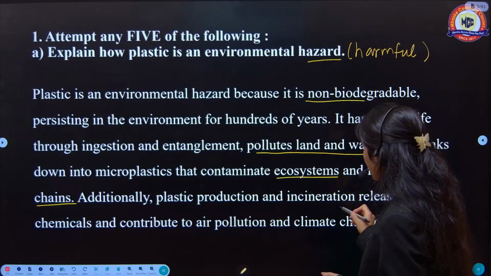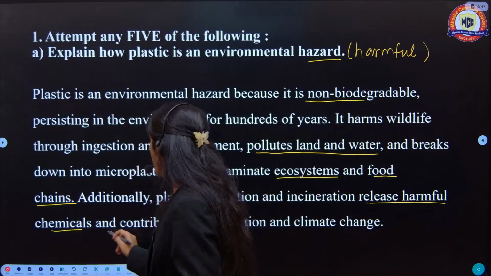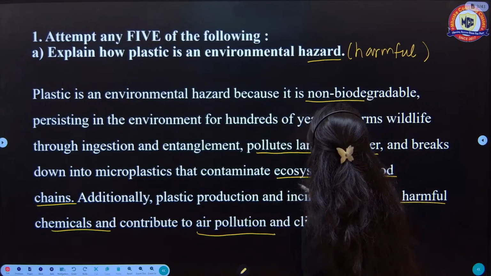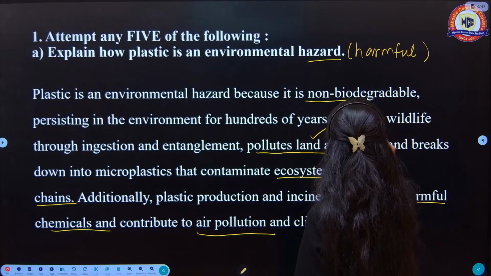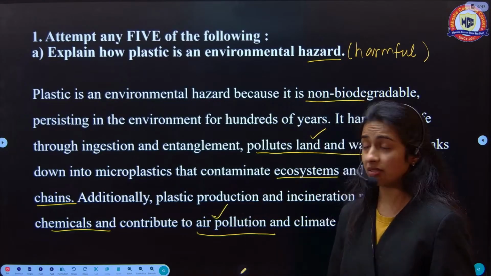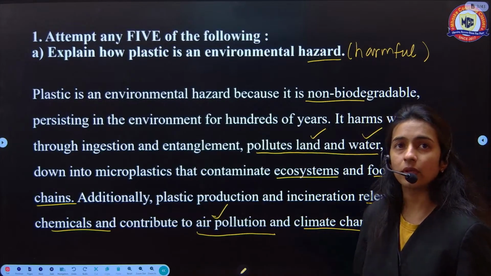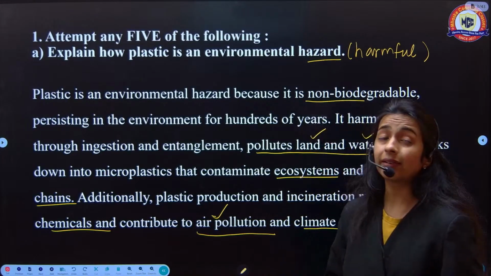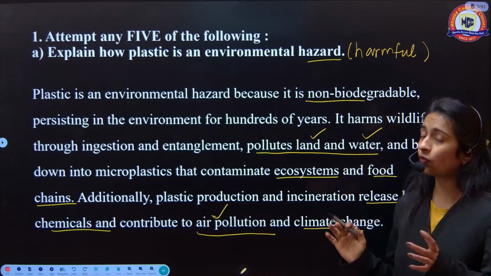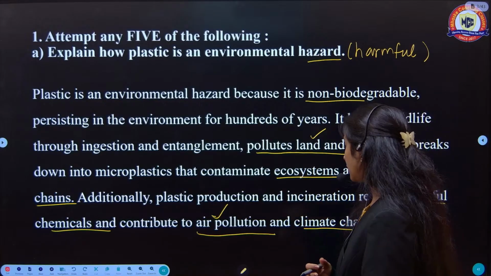Similarly, when we are making plastic, it releases harmful chemicals and contributes to air pollution as well. So there is soil pollution, there is water pollution, and there will be air pollution while making the plastic. And climate change will automatically happen because of air pollution. That is the main reason why plastic is harmful for the environment. It is a hazard, it is an obstacle for environmental growth as well.